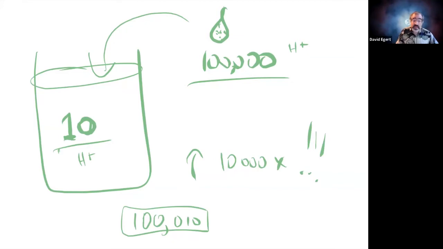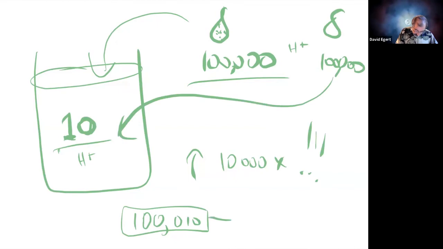Now let's say I add the second drop, and each drop has 100,000 H pluses in it. Now I've gone from 100,000 to 200,000.